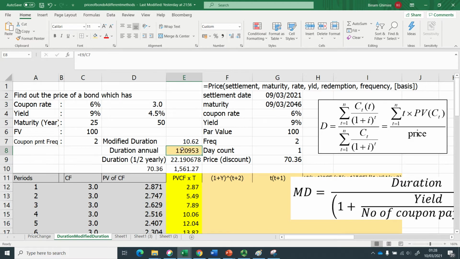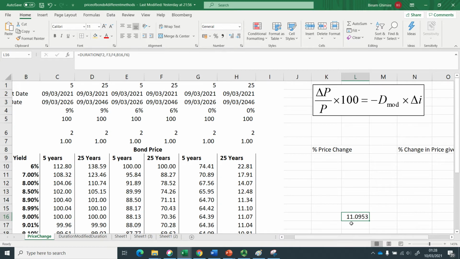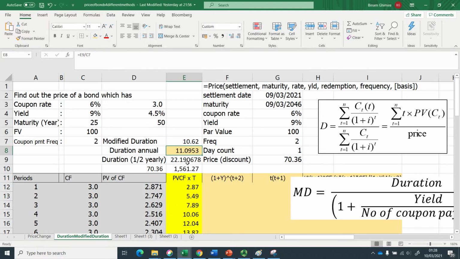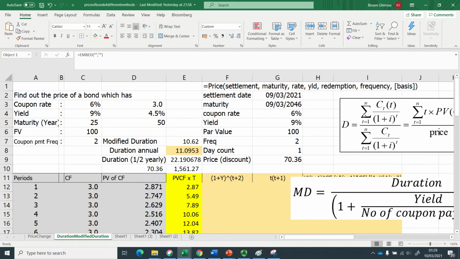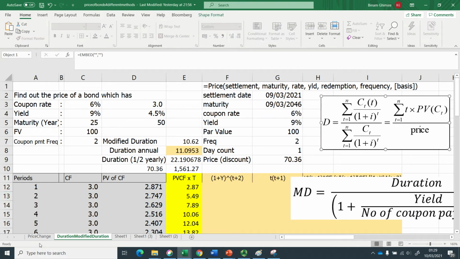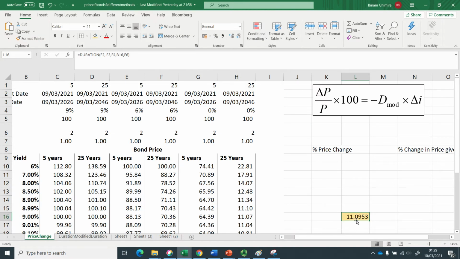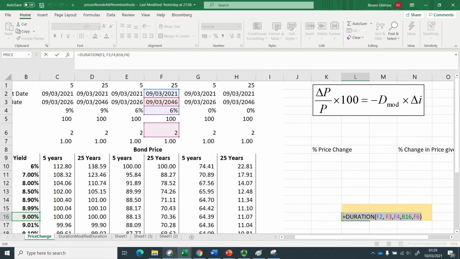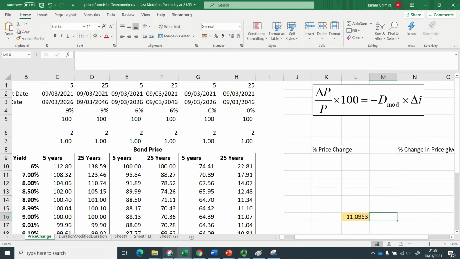If you see here, with all the calculation, you obtained exactly that number, 11.0953, which I'm highlighting here. So you see, it makes our life so easy when we make use of the Microsoft Excel tool. Of course, the understanding we developed was important, hence the reason we engaged in this computation, applying the formula to compute the modified duration. Now that we computed duration, we can also compute modified duration.